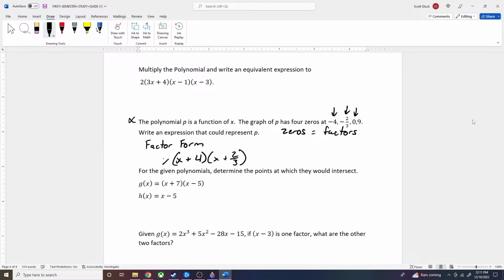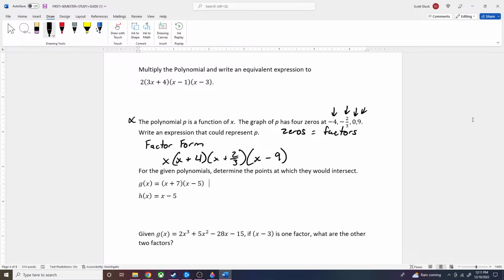Personally, I put that up here at the front of the equation. Okay? And then finally, your last 0 is 9. So you can say x minus 9, and ta-da! Just like that, you've got the factor form of this polynomial.